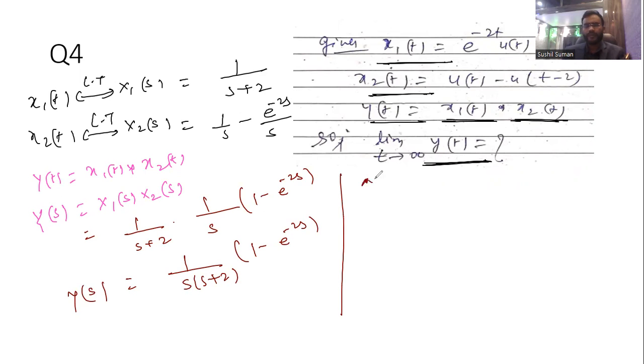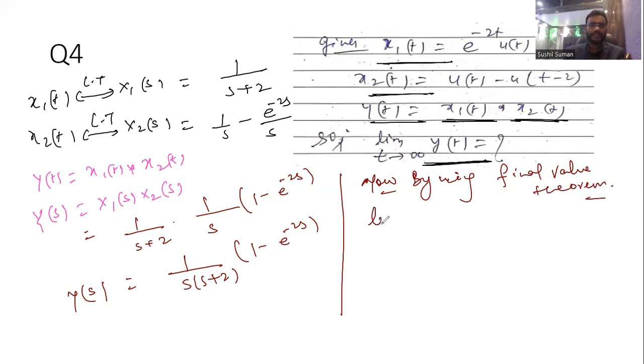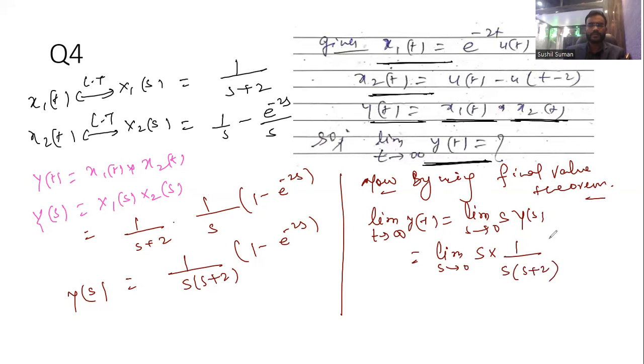Now, by using the final value theorem. As you know, the final value theorem is: limit t tending to infinity y(t) becomes limit s tending to 0 of s into Y(s). Just put it here. Limit s tending to 0 of s into Y(s), this is 1 upon (s plus 2) times (1 minus e raised to power minus 2s).